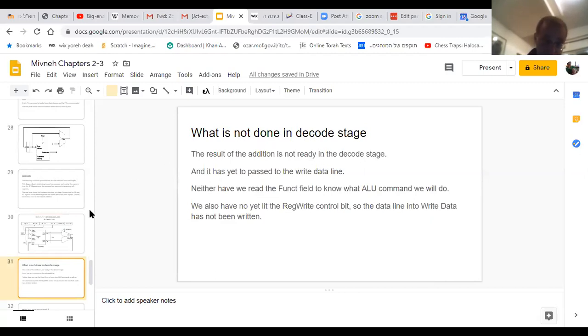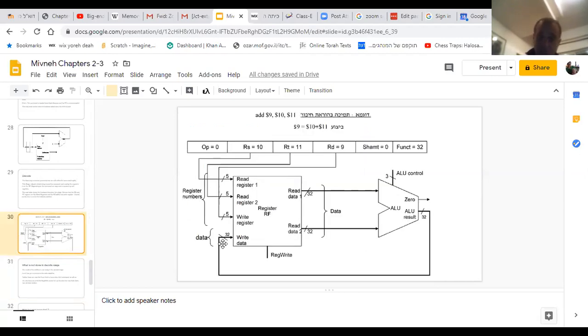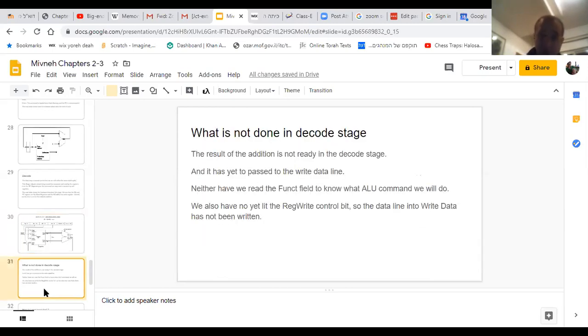What we call decode is just that I decide that it's an add command, then I read and put the data here, but I haven't yet got the result. And it has not yet passed to the write line. But eventually it will in this cycle, because it's a single cycle we're talking about.